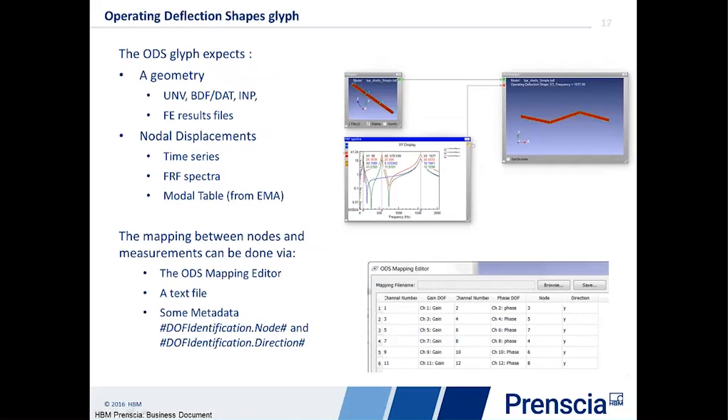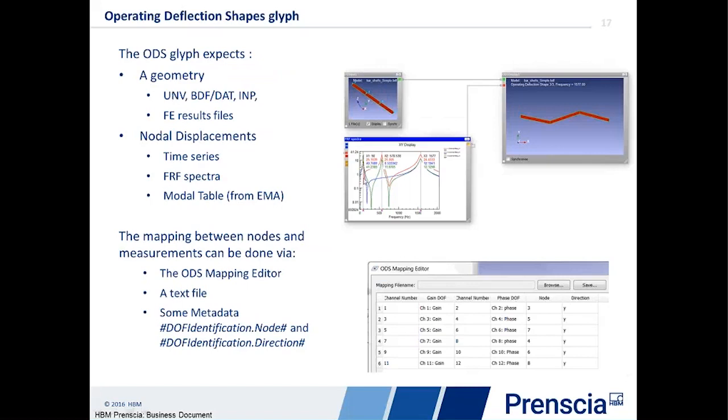The other glyph, the second glyph we have in VibeSys, is the operating deflection shape, ODS, and this one enables you to animate a structure. So it needs a model of the structure. It can be all sorts of files. We rely a lot on the finite element file formats so far, and the most famous one probably for ODS is the UNV universal file, so we read it natively.